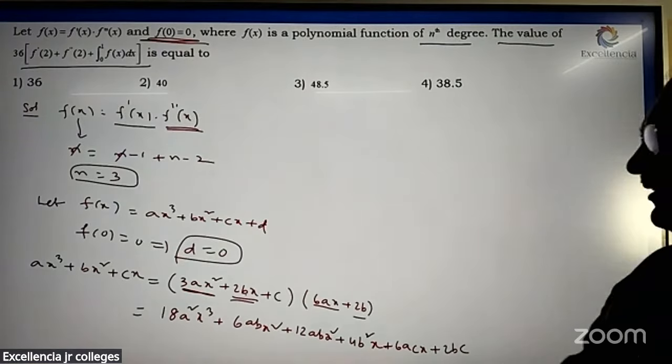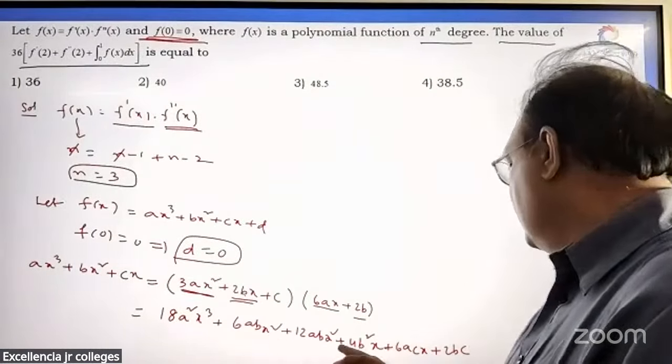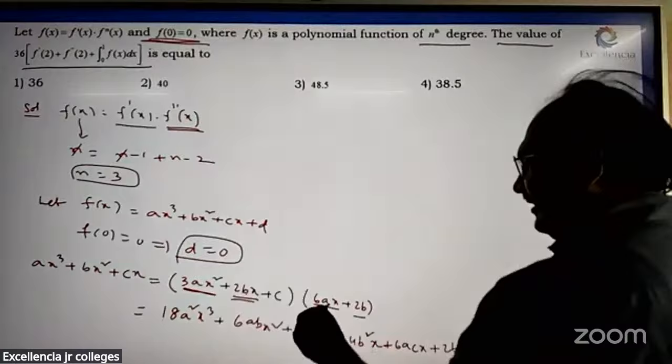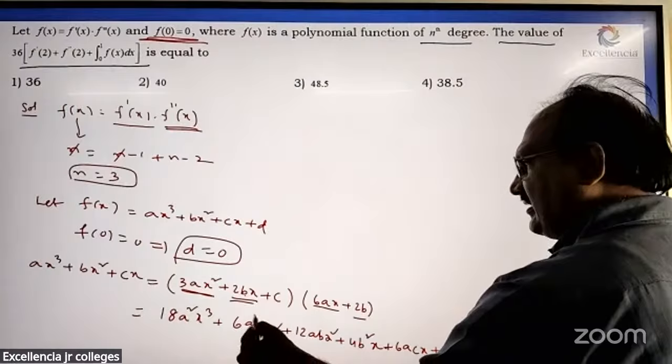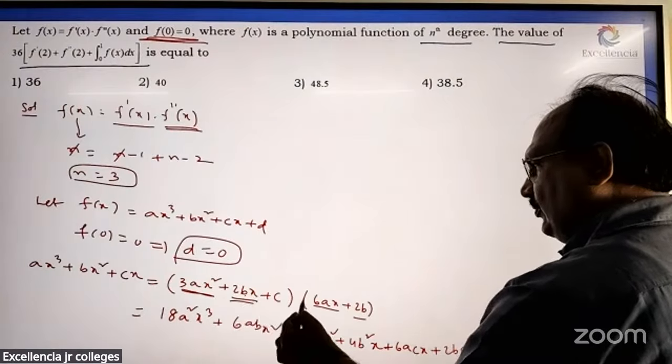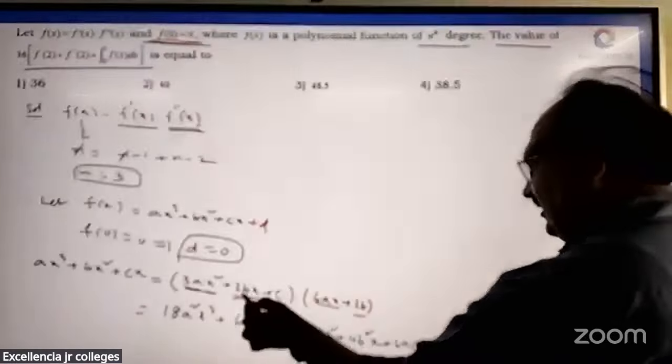Once again, we are going to get 3 into 2, 6 terms. Yes. So 18a square x cube, next term 6ab x square, next 2 into 6, that is 12ab x square.